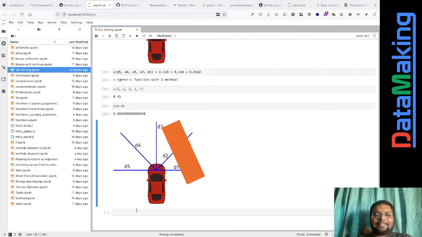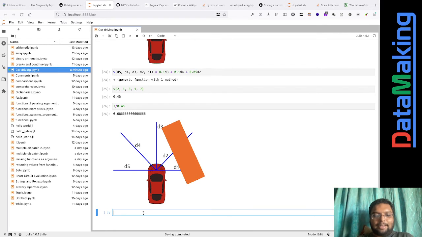I think the ideal thing will be theta of D5, D4, D3, D2, D1 is equal to something like 5 D5 and 10 D4.